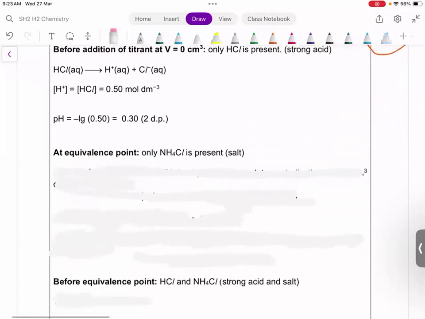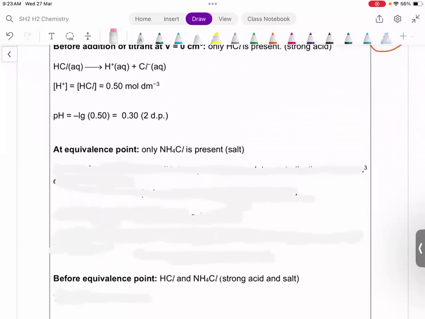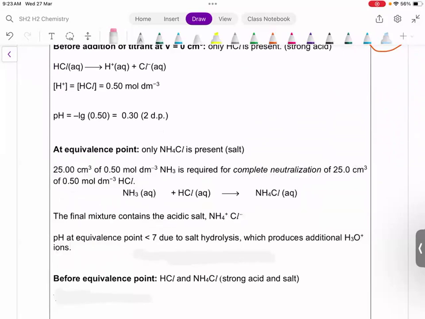At the equivalence point, where all the strong acid is neutralized by the weak base added from the burette, you see salt hydrolysis because you have a weak base involved. So you will have an acidic pH due to salt hydrolysis.